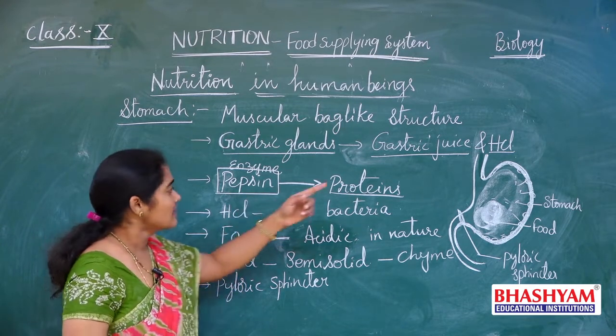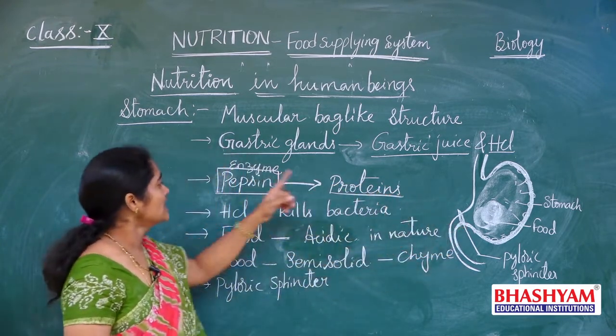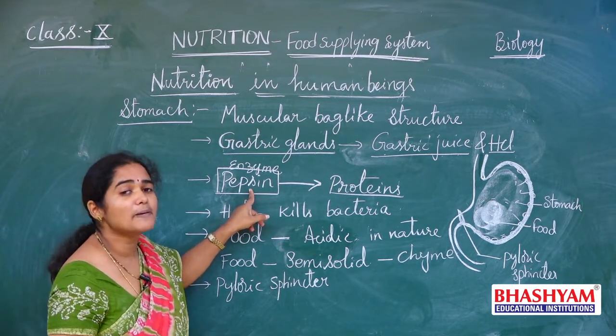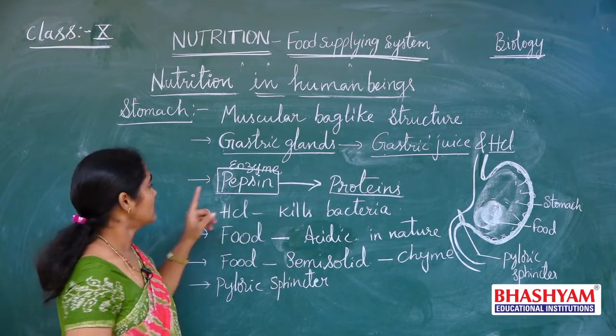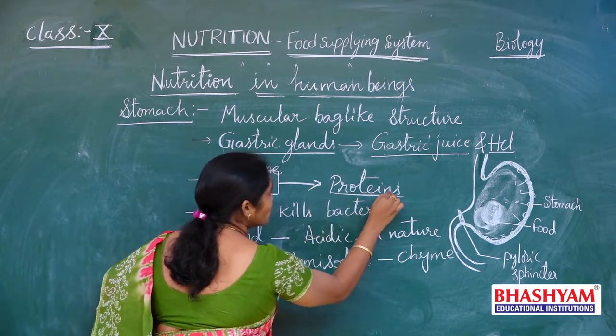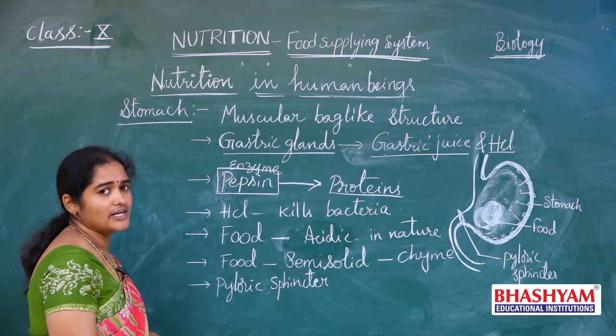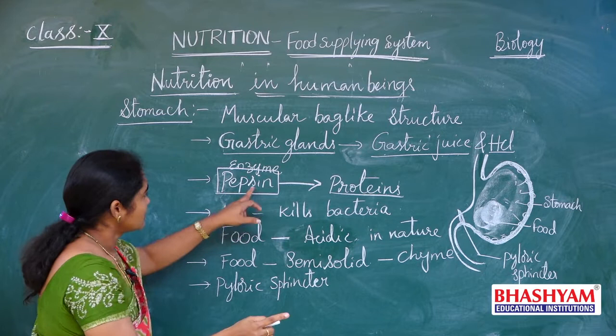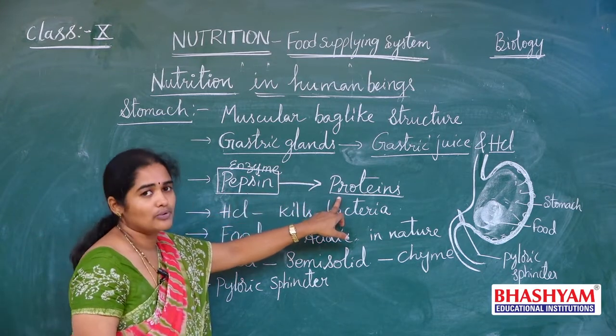Now here in the stomach, the protein digestion will start by an enzyme called pepsin. Already carbohydrates were broken down, and here the pepsin breaks down the proteins.